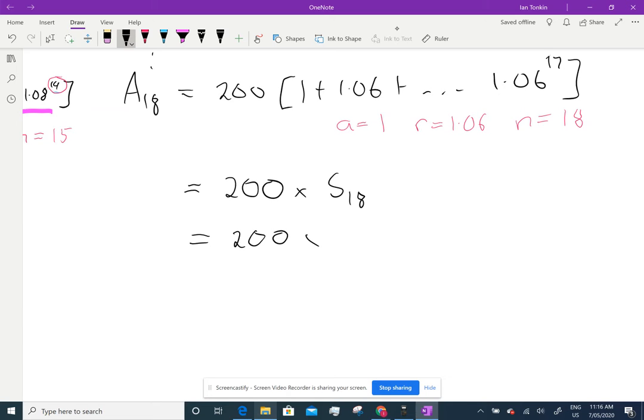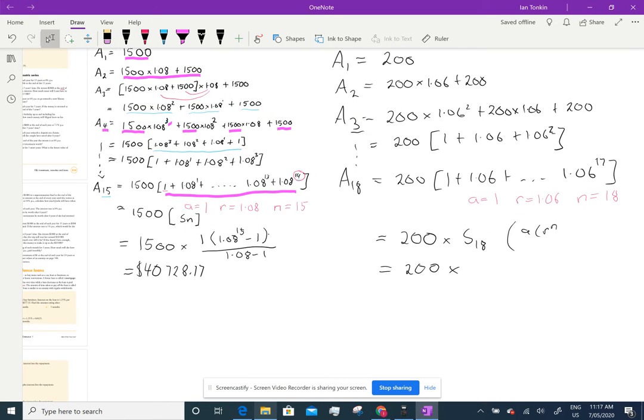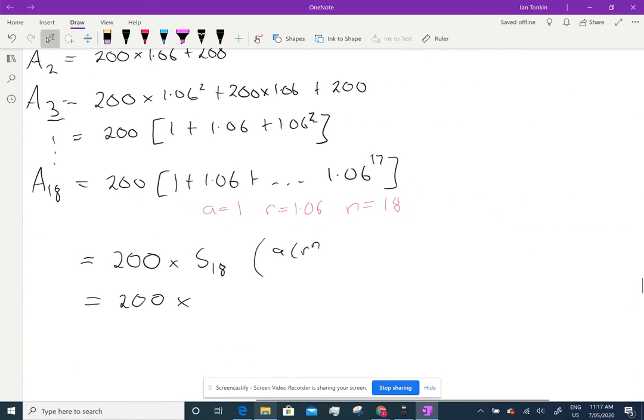So on his 18th birthday, he'll have 200 times S of 18. And remember S of 18 is A times R to the N minus 1 over R minus 1. Now I'm confused. R to the N, thank goodness, I was thinking of the term.